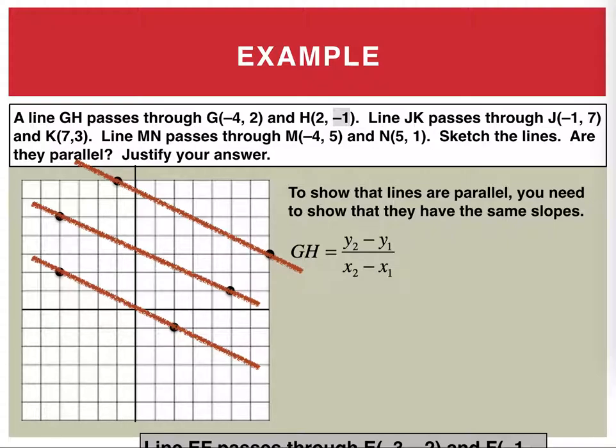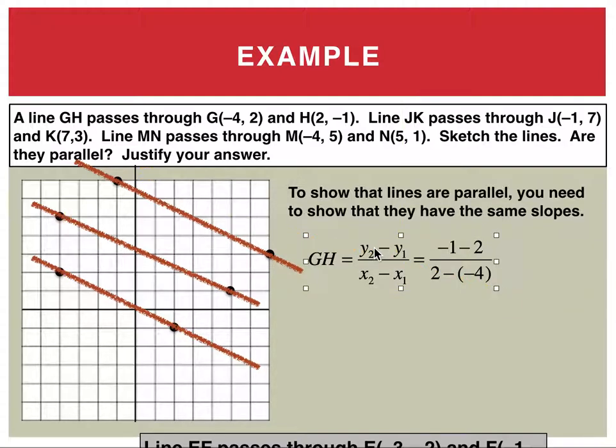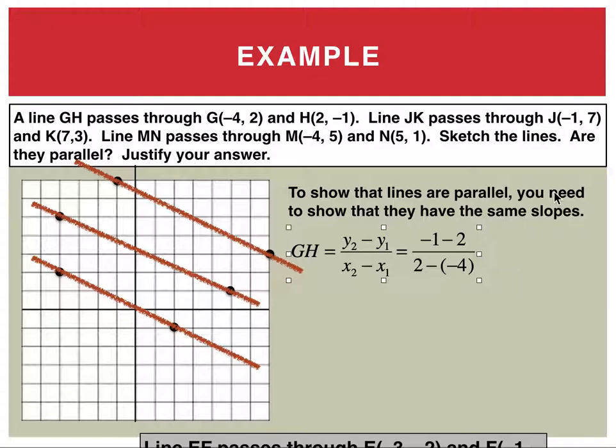So here when I'm doing this, I'm putting -1 first, then subtracting 2, and the same thing on the bottom. The 2 is x2, and the -4 is x1. So I go 2 minus -4. I get it looking like this: -1 minus 2 on top, 2 minus -4 on the bottom.